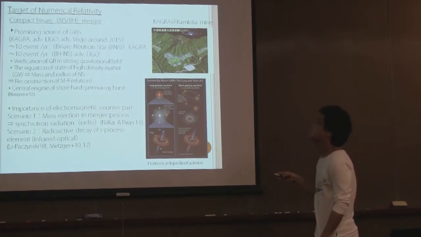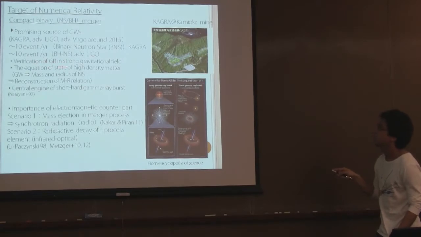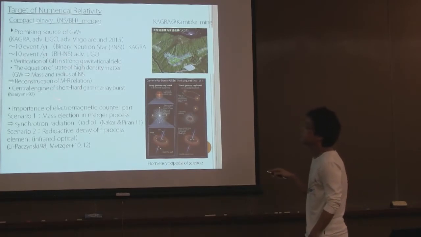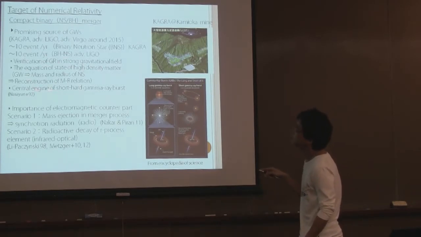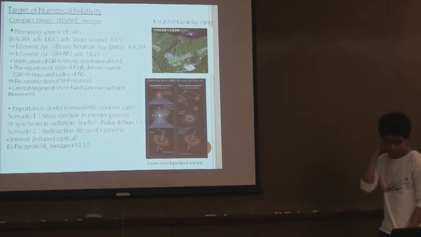So if we detect gravitational waves from them, they could tell us the validity of general relativity in strong gravitational fields, the equation of state of high density matter, and they may give information for the central engine of short hard gamma-ray bursts.